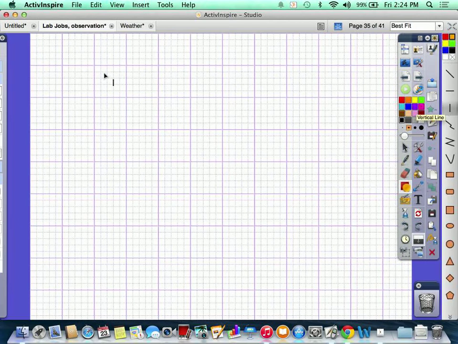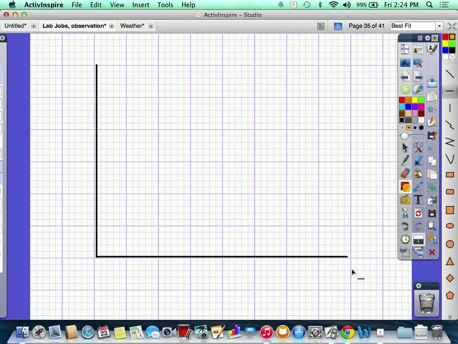So here's my y-axis. Here's my x-axis. Y'all, one of the reasons that we're using graph paper is because there's lines already on there. So you want to work with the lines. Don't put little hash marks in between lines. You've got lines. Use the lines, okay?